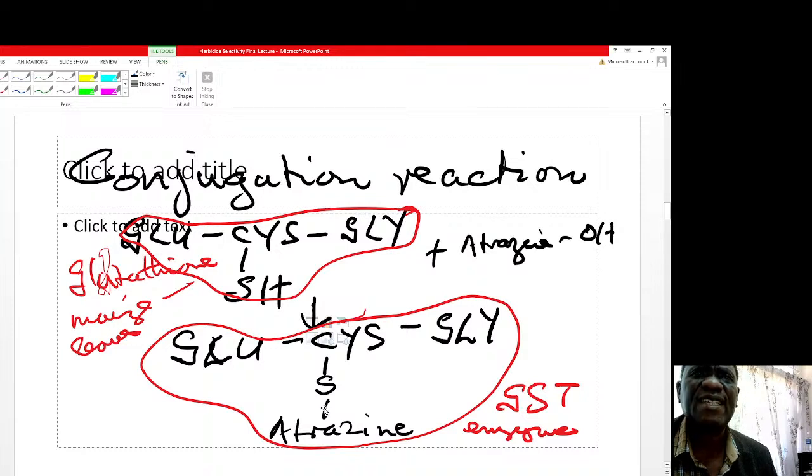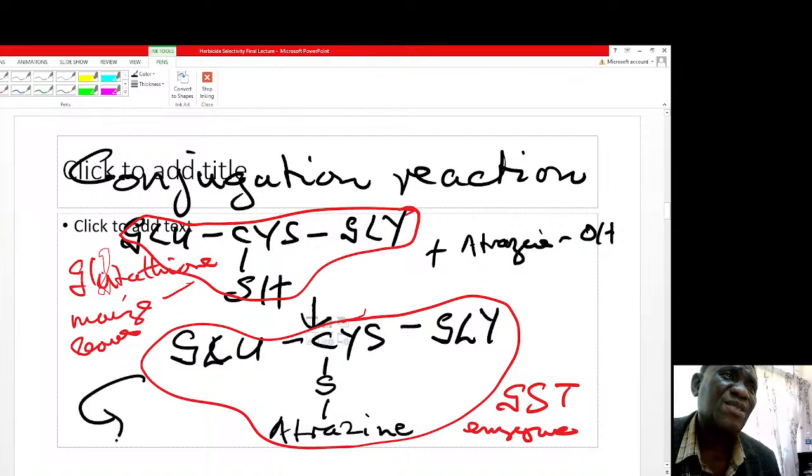This product here, formed by glutathione, this one will go to the vacuole. Before we forget, this will enter the vacuole.